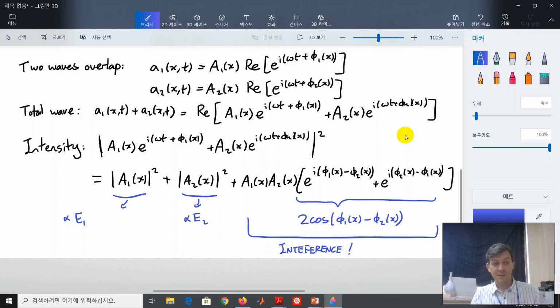So to get the interference, what do we need? The first thing is we need to have a wave which is described by an amplitude and a phase. If you have two waves together, then you add the amplitudes for each wave together like this. And we need that the thing you're measuring, the intensity, is proportional to this total amplitude squared.